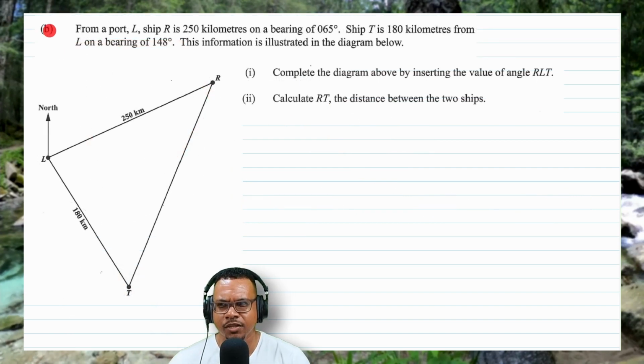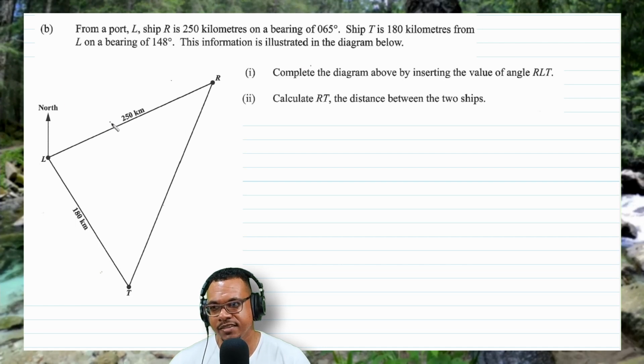So moving on to part B now, we have a bearings question. So we have from a port L, so that's L here, ship R is 250 kilometers on a bearing of 65 degrees. So from L, ship R, which is here, is 250 kilometers away on a bearing of 65 degrees. Now we know bearings is a way of giving direction, and bearings are taken in a clockwise direction from the north line.